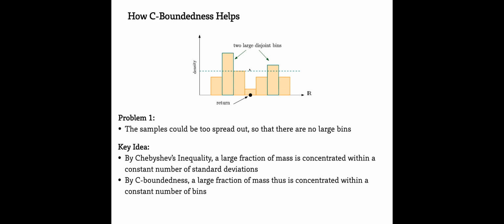C-boundedness actually tells us that Chebyshev's inequality is a meaningful inequality here for a distribution. It lets us conclude that a large fraction of the mass should be within a constant number of standard deviations, which is also a constant number of bins by C-boundedness. And so what that means is that there should certainly be at least one large bin.